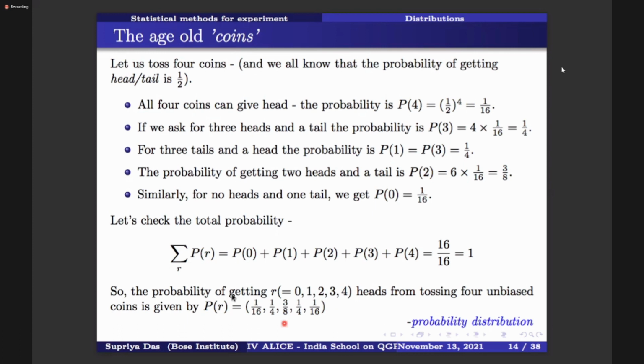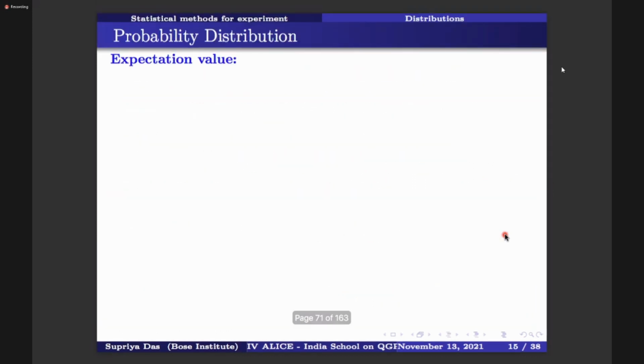If you take more coins, you just have more elements here, but you can still write it like this, and you can see that the total probability will always be 1. So this is the fundamental probability distribution, so to say.